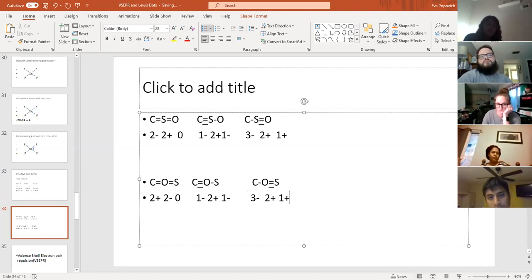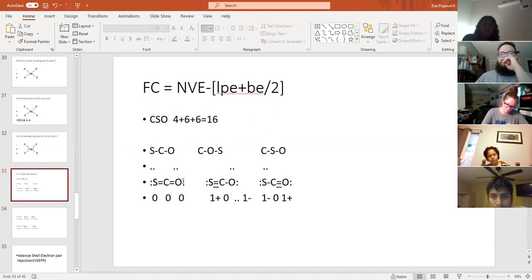All right, do you remember that rule I said at the very beginning, that you put the least electronegative one in the center? Look at all the formal charge that's going on when I didn't put the least electronegative in there. But when I put the least electronegative in, I have the least amount of formal charge. That's the reason that you do that.